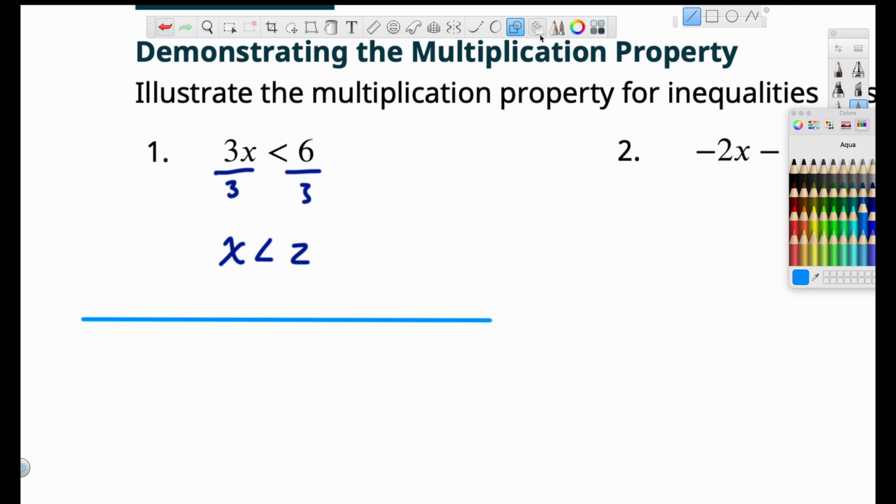Doing a little bit more here than it's asking by showing the number line and writing the notation, but I think it's worth it. Get a visual. Doesn't include 2. It's everything to the left. So this means I'm going from negative infinity all the way up to 2, not including.